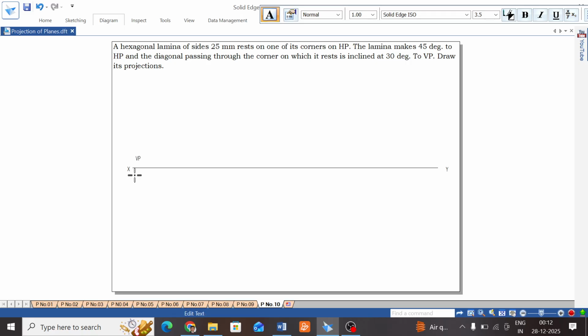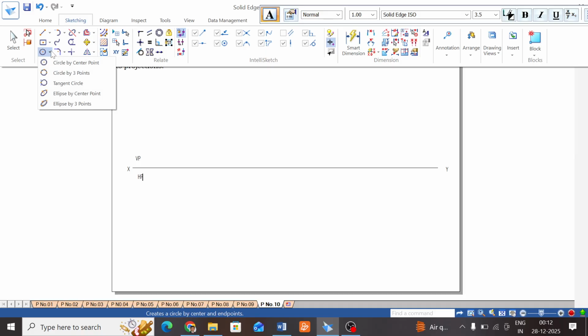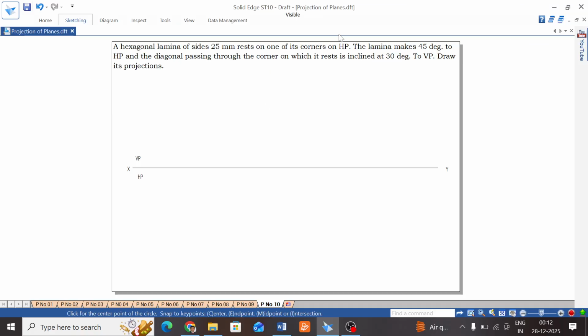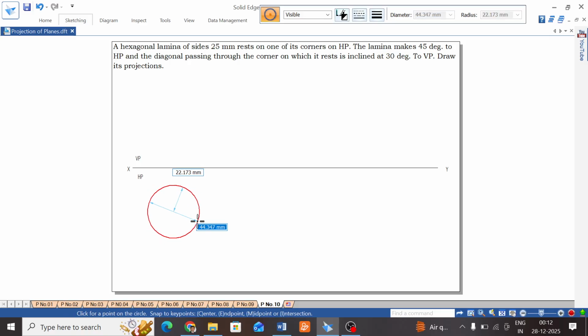See, this is a corner case, so it has to be the circle method. You construct the hexagon by drawing a circle using a compass. The side dimension is 25, so you take diameter 50.